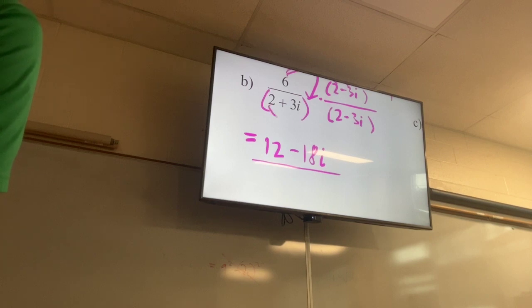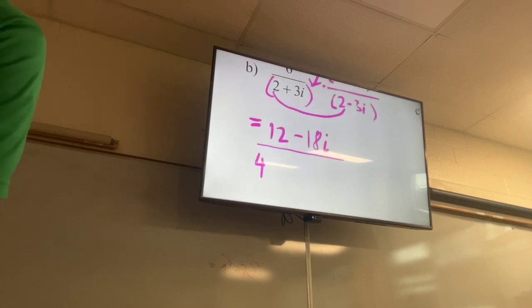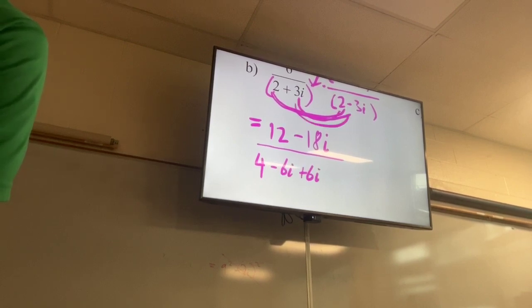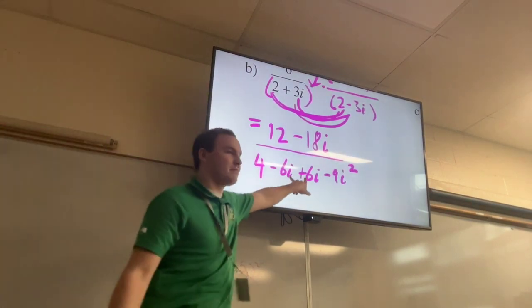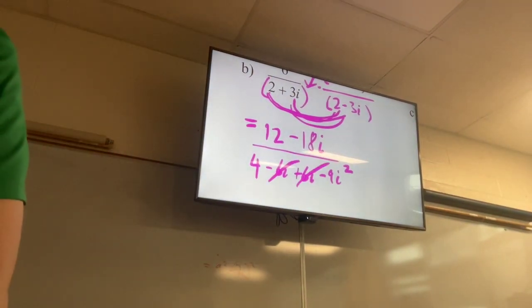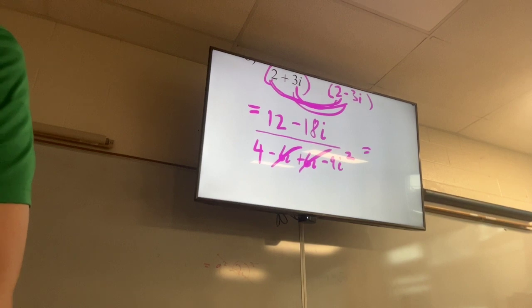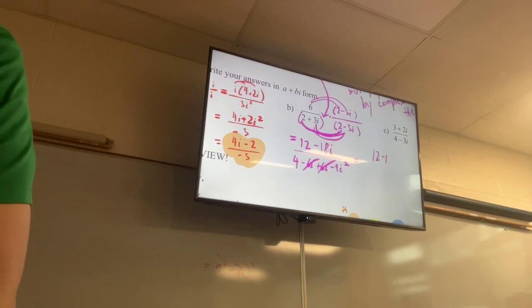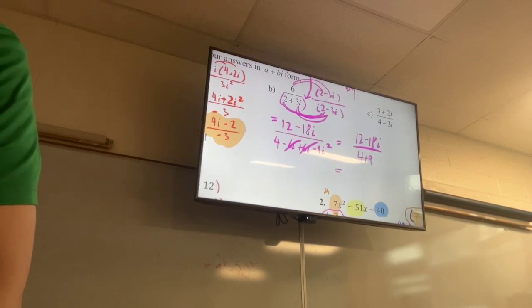If we FOIL, first is 4, outer is minus 6i, inner is plus 6i, and last is minus 9i squared. You see what happens in the middle? The outer and inner products cancel. And that minus 9i squared changes to plus 9. So we get 12 minus 18i over 13.